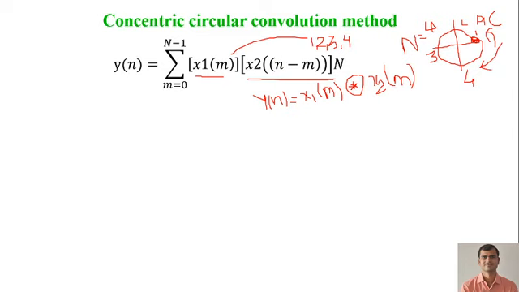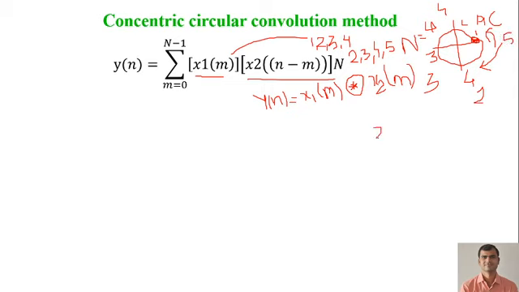The sequence of x2 of n is 2 3 4 5. I write the sequence of x2 of m in clockwise direction. So here I have the 2 sample, here the 3 sample, here the 4 sample, and here the 5 sample.